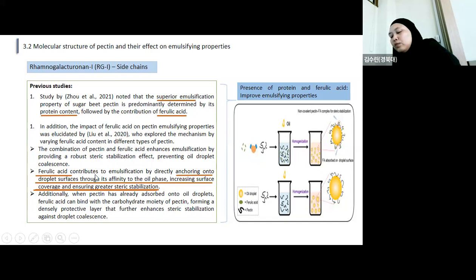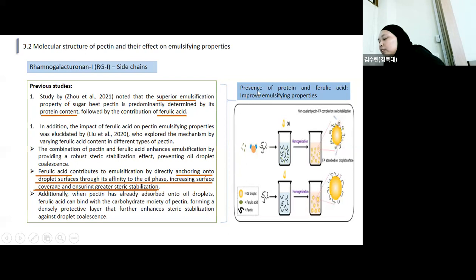This will contribute to better emulsifying properties because ferulic acid is able to anchor onto the droplet surface through its affinity to the oil phase, and it increases surface coverage, ensuring greater steric stabilization. So in short, this mechanism leads to better emulsifying properties.